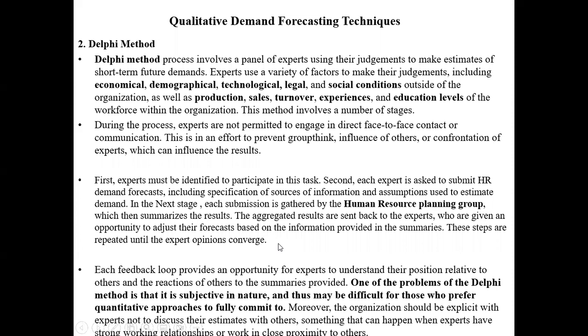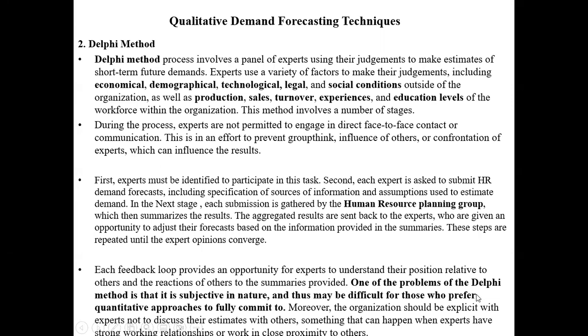So you realize that everyone will come on board with an opinion. And when you put the opinions side by side, the heavier ones will remain standing and the lighter ones will start falling down. So each feedback loop provides an opportunity for experts to understand their position relative to others and the reactions of other experts to the summaries provided.